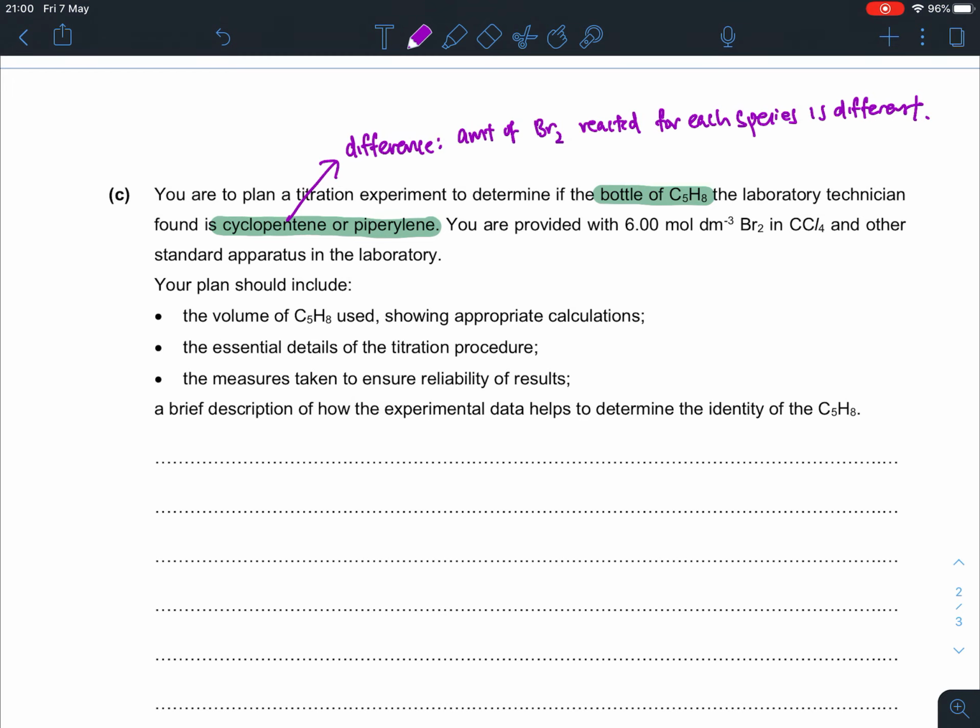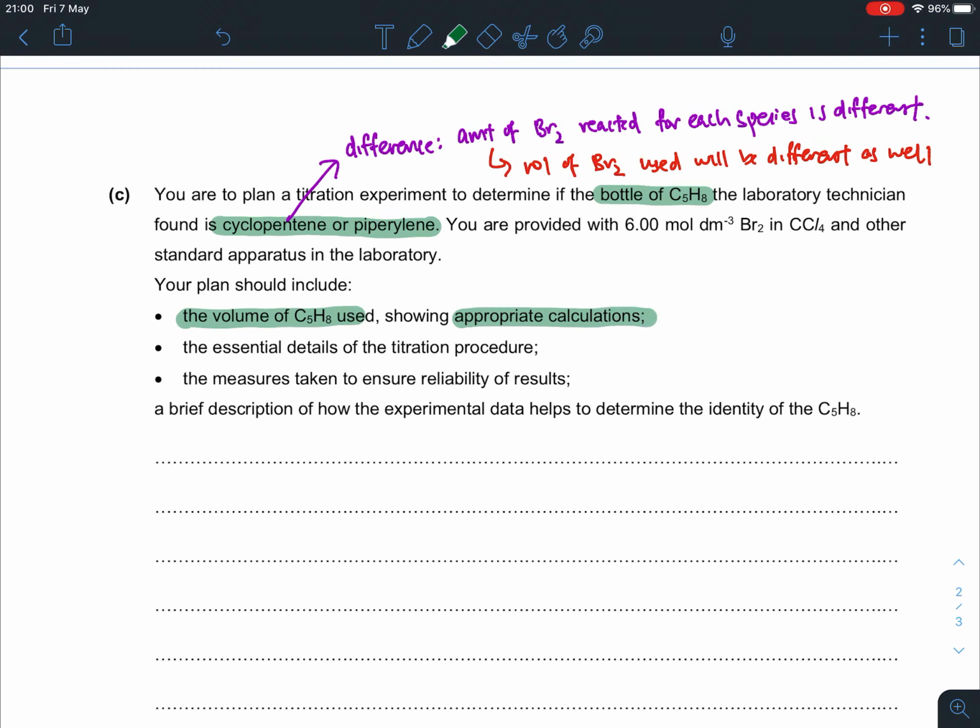And if the amount used is different, this would mean that the volume of Br2 used will be different as well. And this is the most important idea that you need to have in order for you to get the final correct answer. Okay, so let's look at what we are provided with. We are given 6 moles per dm cube of Br2 in CCl4 and the other standard apparatus in the lab. So you're supposed to include the volume of C5H8 and you need to show appropriate calculations.